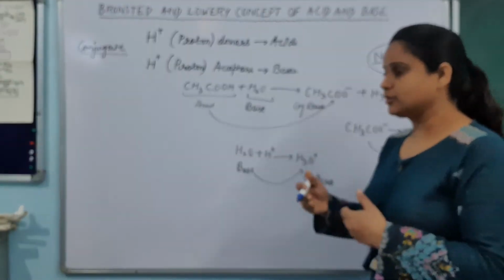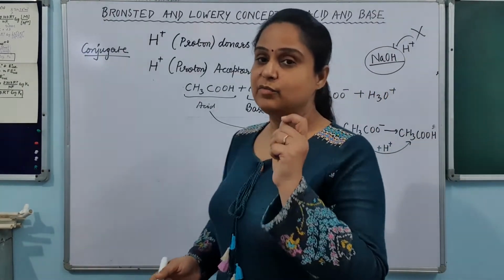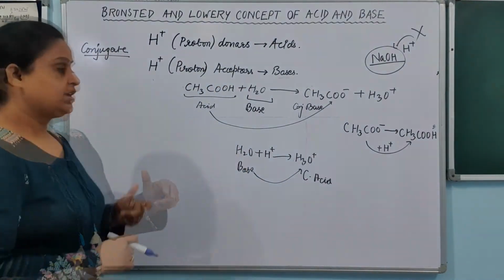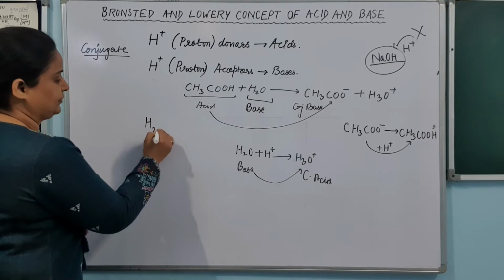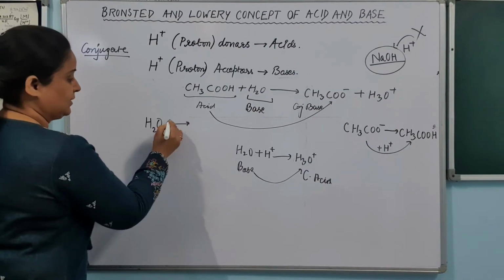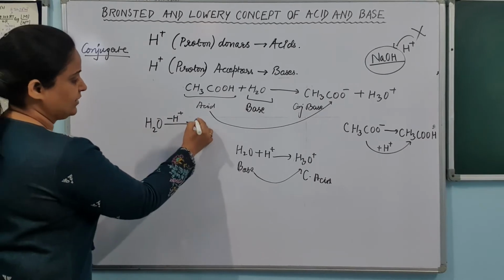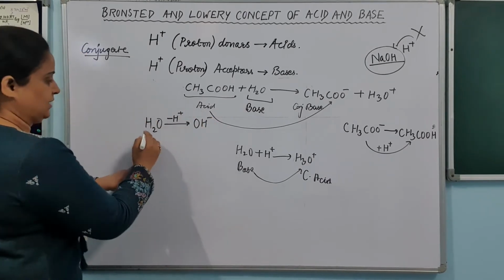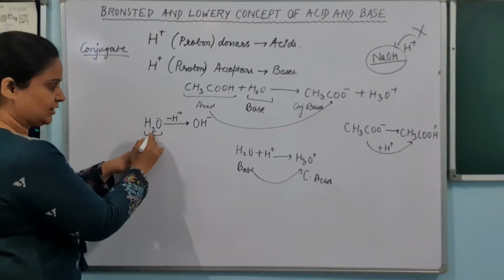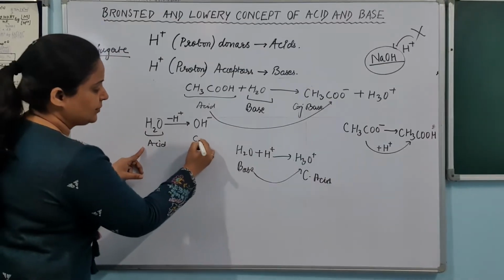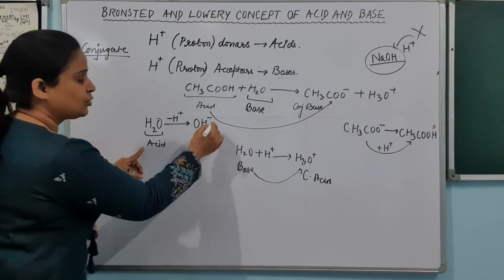तो one more thing you must be realizing here कि water can work as an acid as well as a base. So if I am having water and I release H plus ion from the water, what I will get? I will get OH minus ion. So here in this case, this water is working as a acid और इसका conjugate base क्या हुआ? Is OH minus.